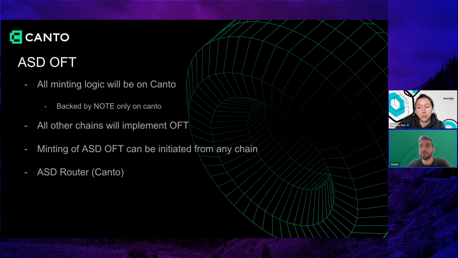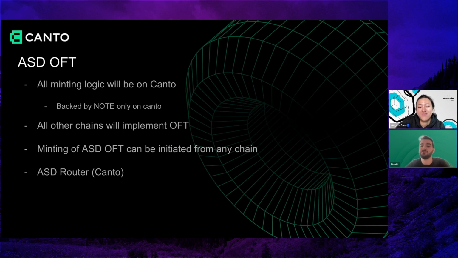So as a developer, the contract that holds all the minting logic of ASD will live on Canto as an OFT. And this is to ensure that only Note backs it and that all the minting only actually happens with the verified version of Note using the Canto lending market.